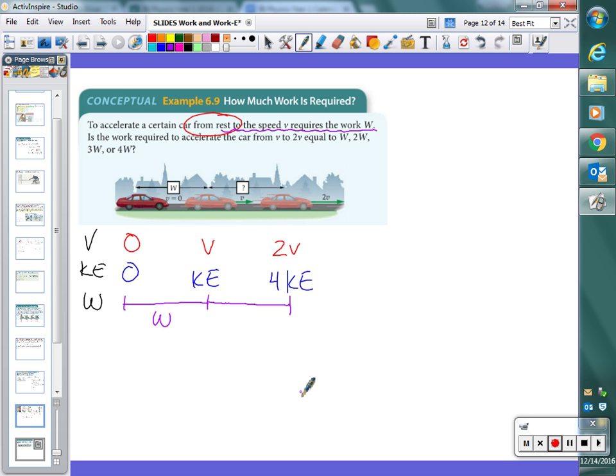All right? Let's go more specific. Again, what is work doing for us? When work is done, what happens? Energy changes, right? So, how much does the energy change between the middle picture and the last picture?